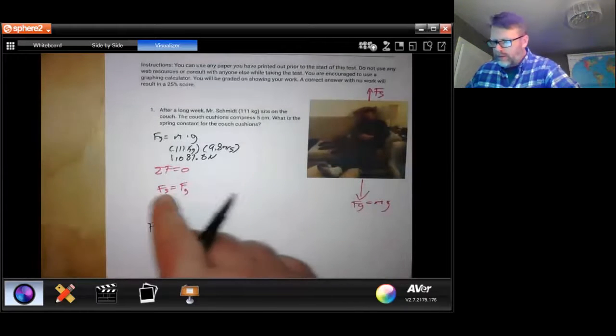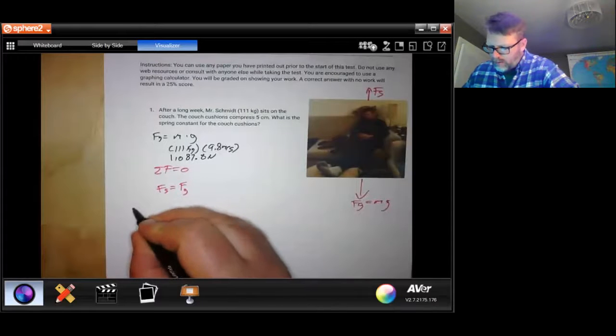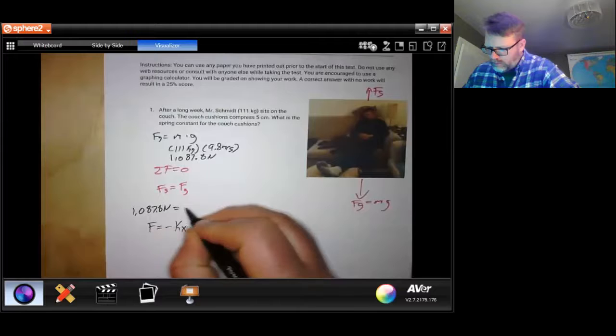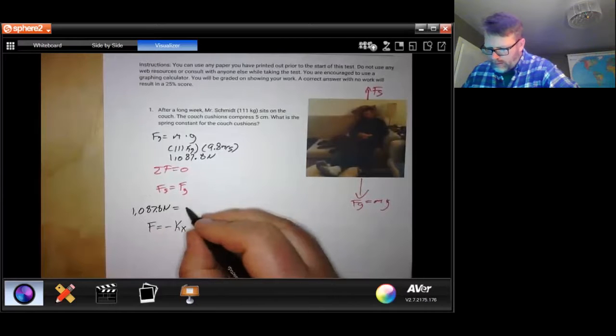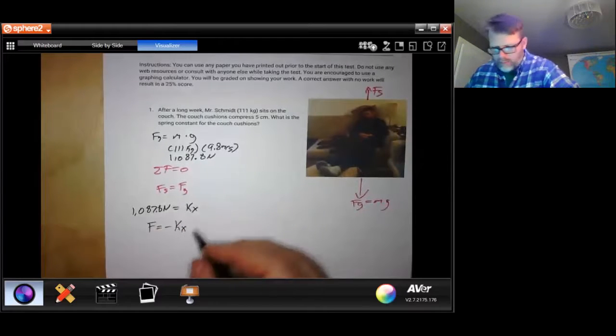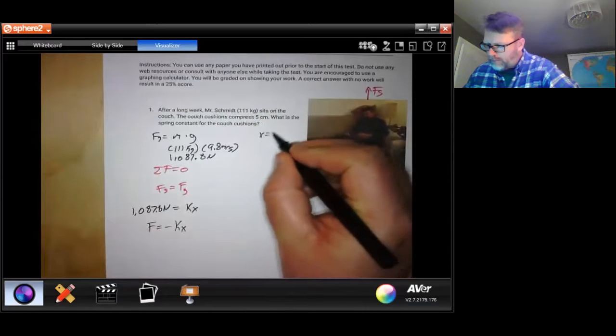So that's going to be equal and opposite to this. So I can now say 1087.8 newtons equals opposite kx, and we know our x is 5 centimeters.